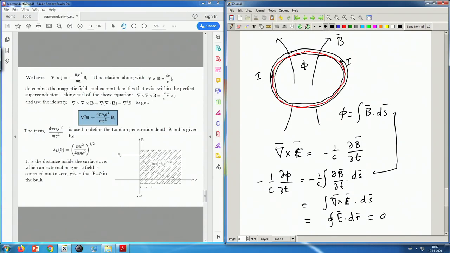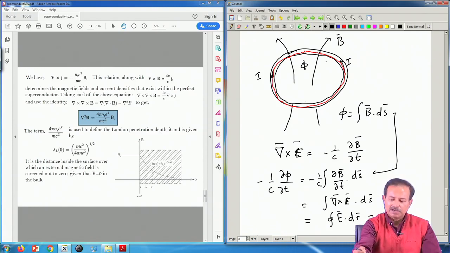So, this is kind of interesting. This means that supposing you have a superconducting ring and you have put a magnetic field, this is the geometry. In a ring you put a magnetic field, you have a flux. The flux is created by the B field that is applied from outside.